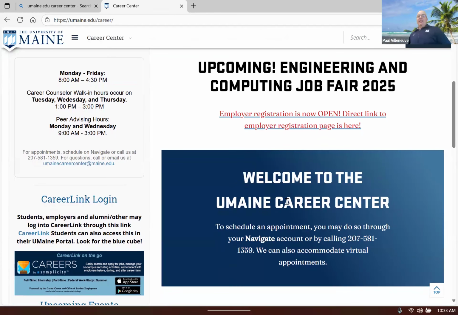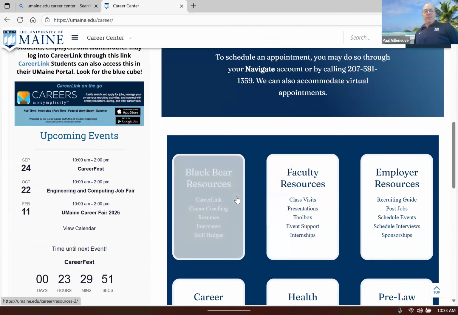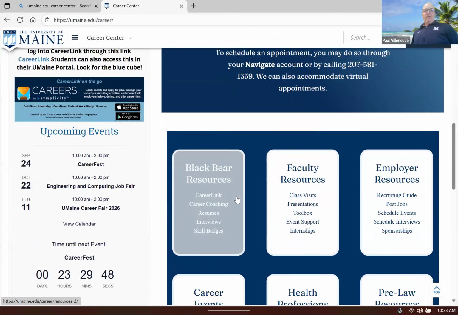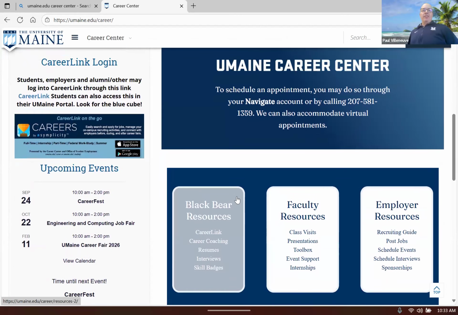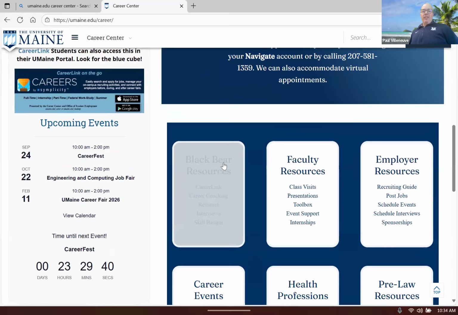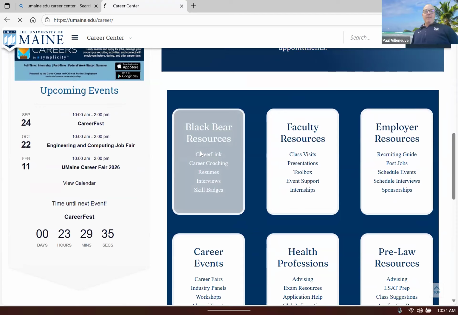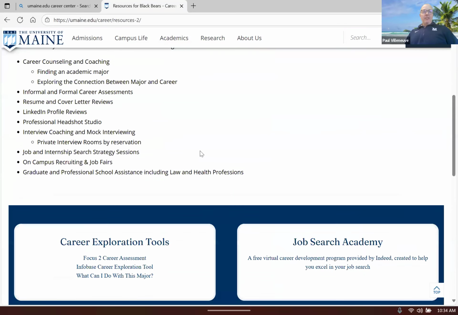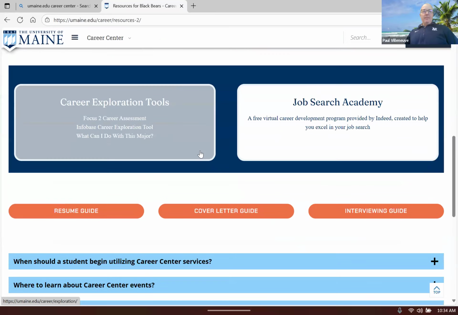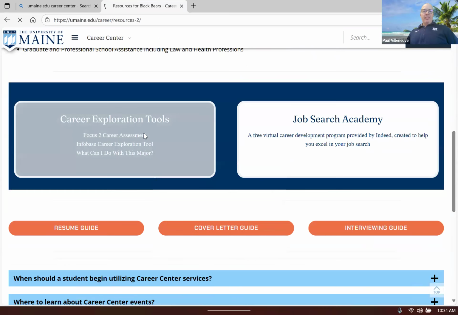This is a big deal, and I feel kind of bad because the campus has a lot more than computing and engineering, but this is the front page with all the different ones. You can see there are Blackboard resources, which is this Career Link, and it tells you all the different information. That's the employer registration page. If you log into Career Link, I don't think I can log in. It actually will tell you there is a website. I just can't remember where you can find it.